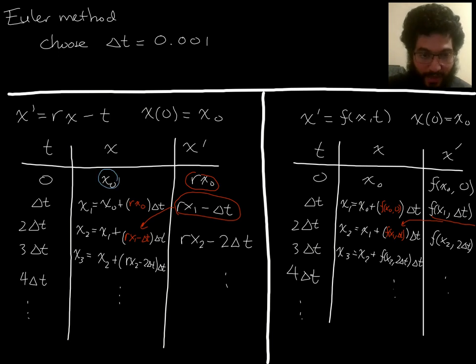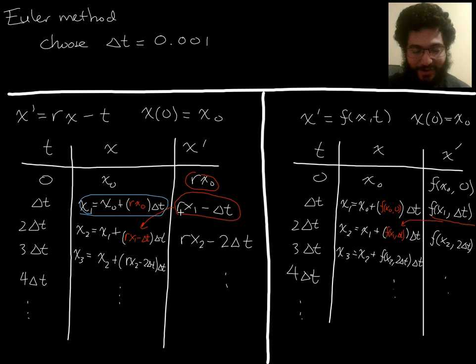Then here you would have an actual number. Here, r times x naught would be an actual number. Then in this row of the table, t would be a number, x would be a number, x prime would be a number. Then you could compute x1 and you would get an actual number, right? And this would be an actual number.